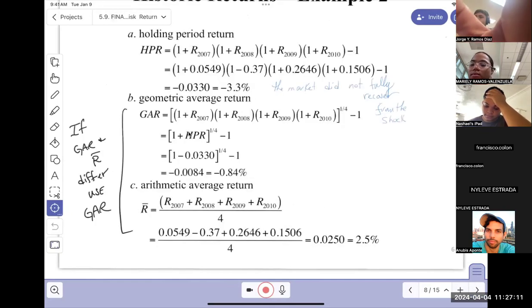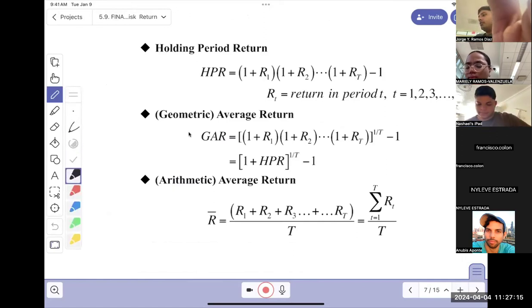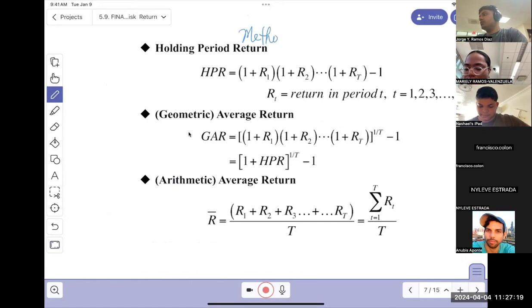So this is method 2. Just working with returns to come up with estimates, historical returns. And it's not just about getting an average measure.